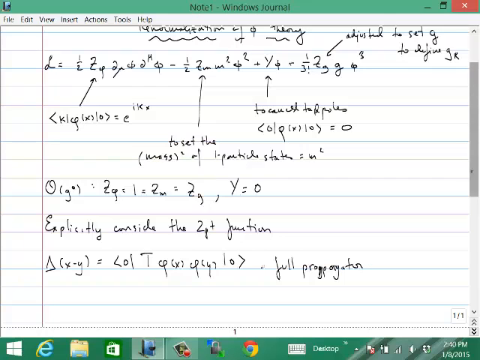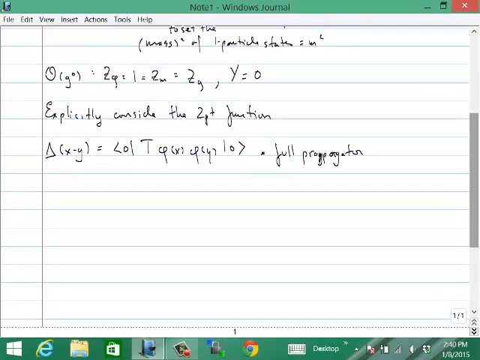Okay. So here I've written it for you in position space, but of course, as usual, it's more convenient to work in momentum space. So we usually write this in terms of the Fourier transformed propagator, delta, which by Lorentz invariance is a function only of k squared rather than k.